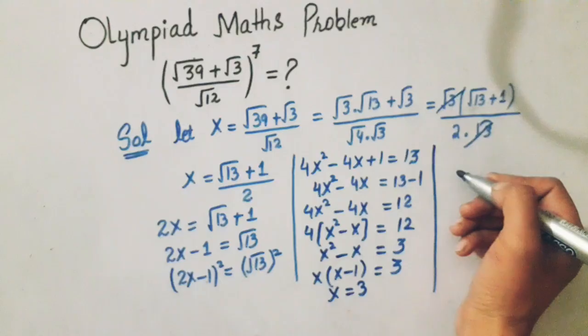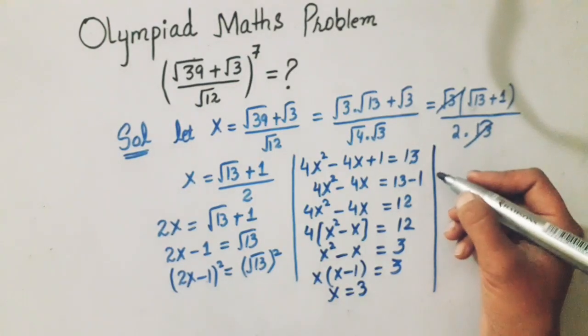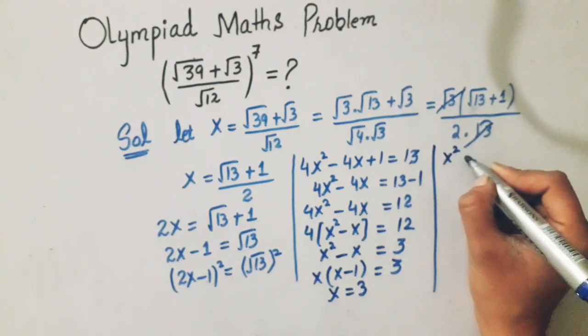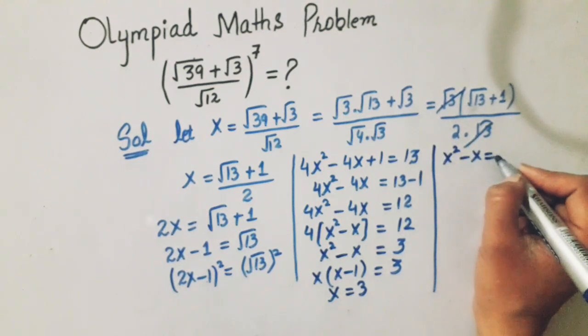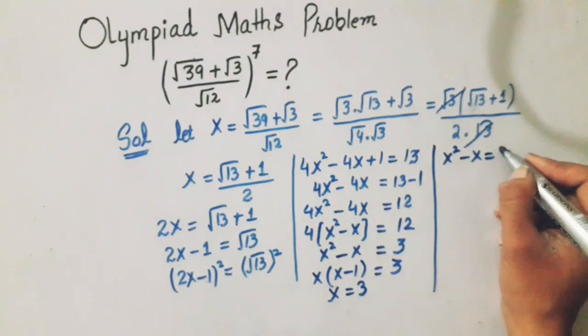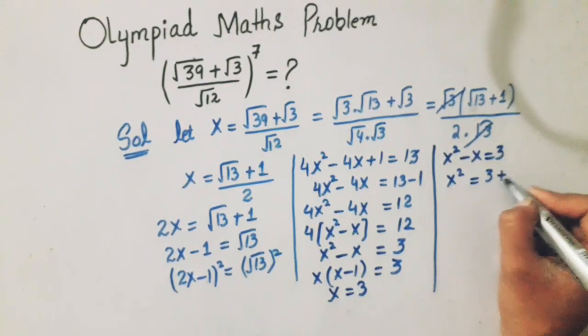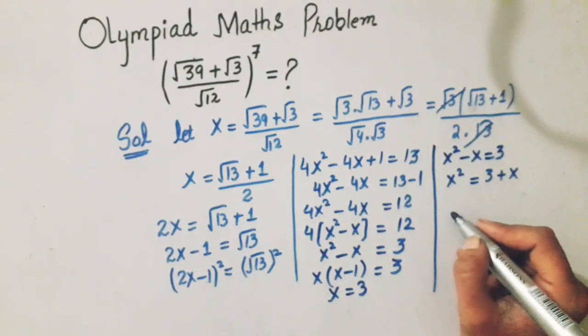So in the next step, what will be the value of x square? We get the value of x square: x square minus x is 3, so x square equals 3 plus x. This is the value of x square.